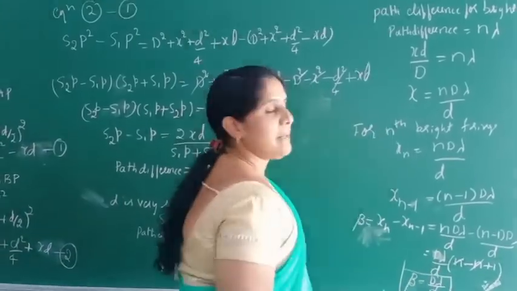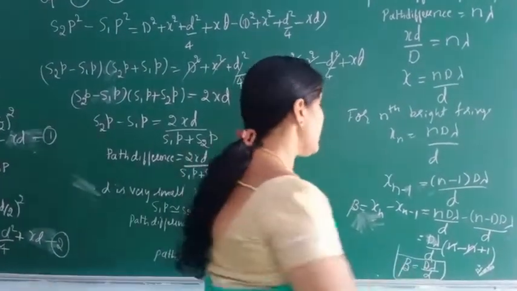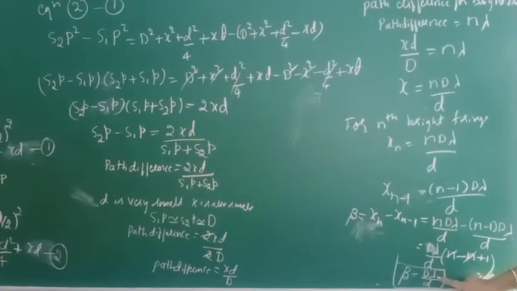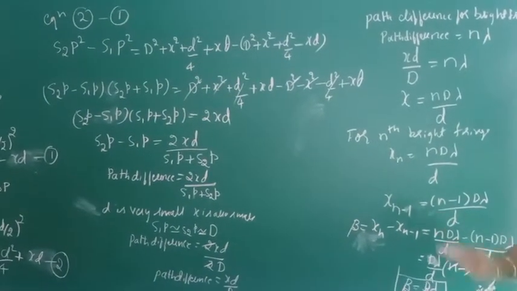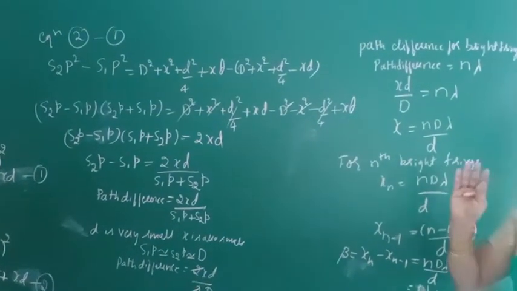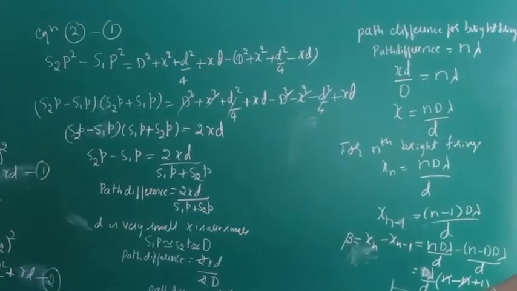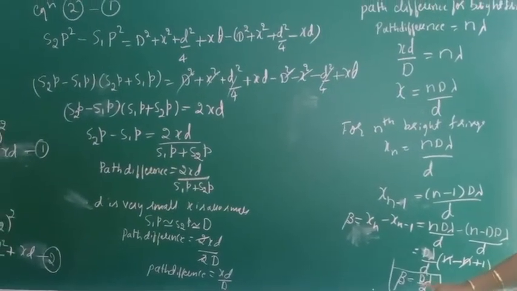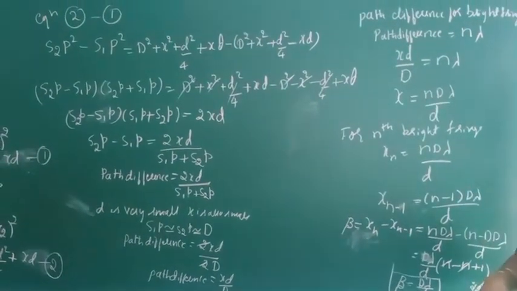Here beta is the fringe width, capital D is the distance between the screen and the slits, lambda is the wavelength of the light used, and d is the distance between the slits. Beta is the distance between any two consecutive bright fringes or dark fringes. It depends on the screen distance, the wavelength of light, and the distance between the coherent sources.